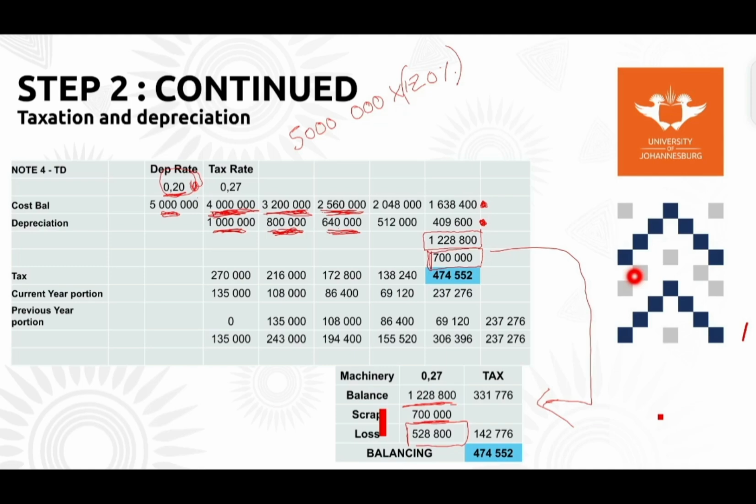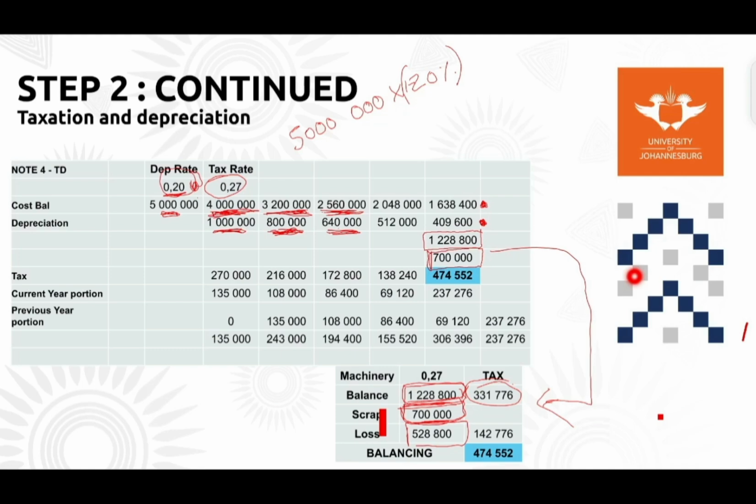You're going to take these individual numbers, right? So you're going to say 1222800, right? Multiplied by this tax rate of 27, you get this amount.